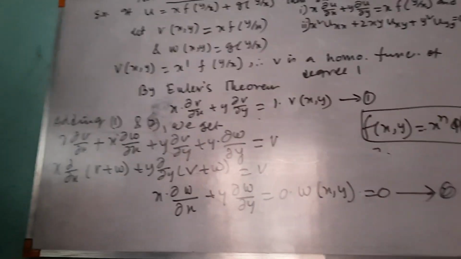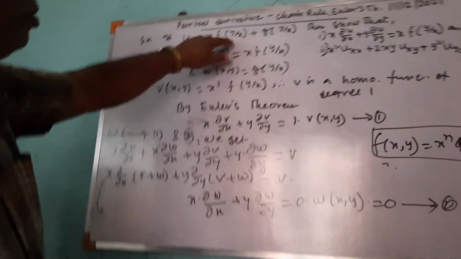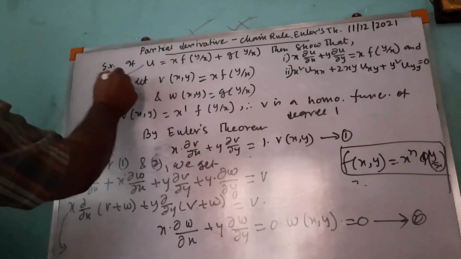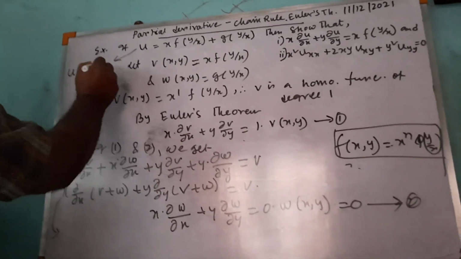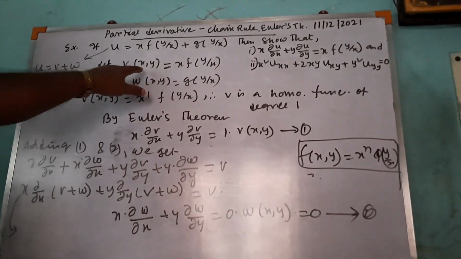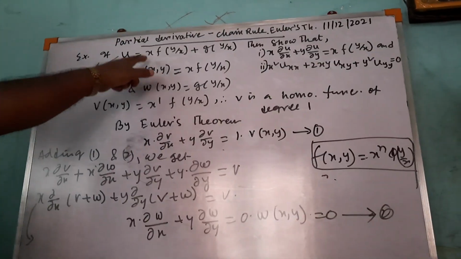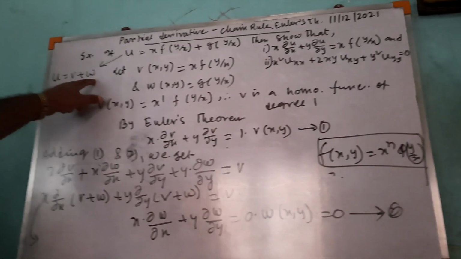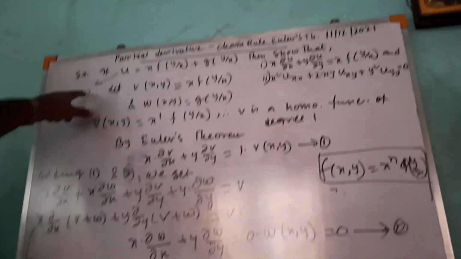Now if we take this, that is v plus w, what is v actually? I have taken this as v and this as w. So what is actually u? u becomes u equal to v plus w. Because I have taken this as u, v, and this as w, you can say u xy is equal to v xy plus w xy.